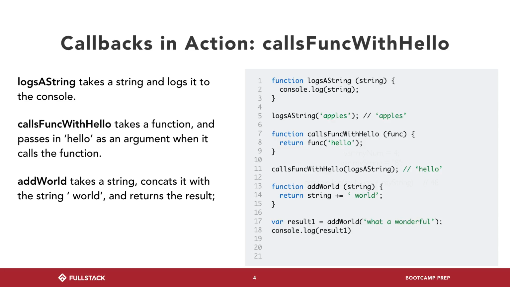Lines 13 through 18 have nothing to do with anything that comes before. It's just a random function that appends world to whatever we pass it. We pass in what a wonderful, and it gives back what a wonderful world.